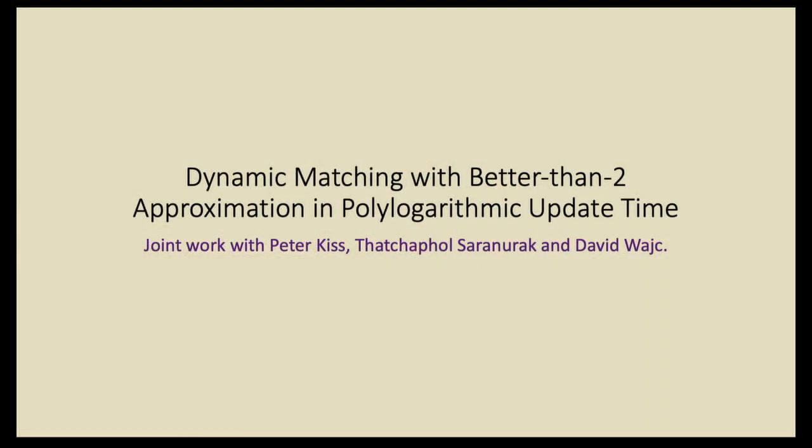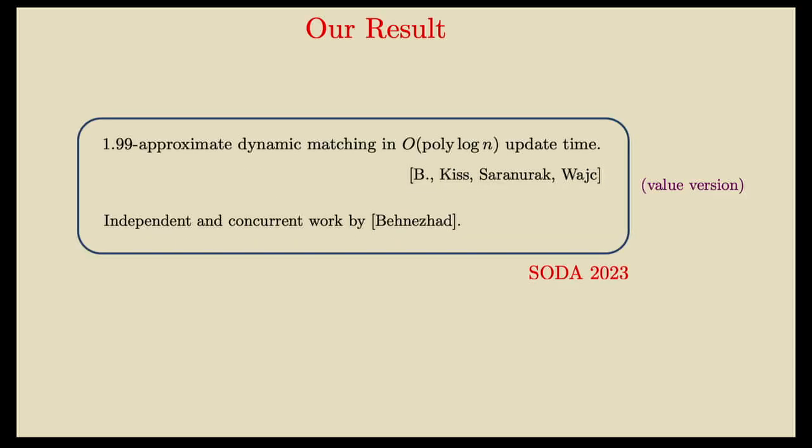So, this part of the talk is based on a recent paper I had, which is joint work with Peter Kiss, Thatchaphol Saranurak and David Wajc, and Peter and Thatchaphol are present here. At a high level this is our result, that we get 1.99 approximate dynamic matching in polylog n update time.